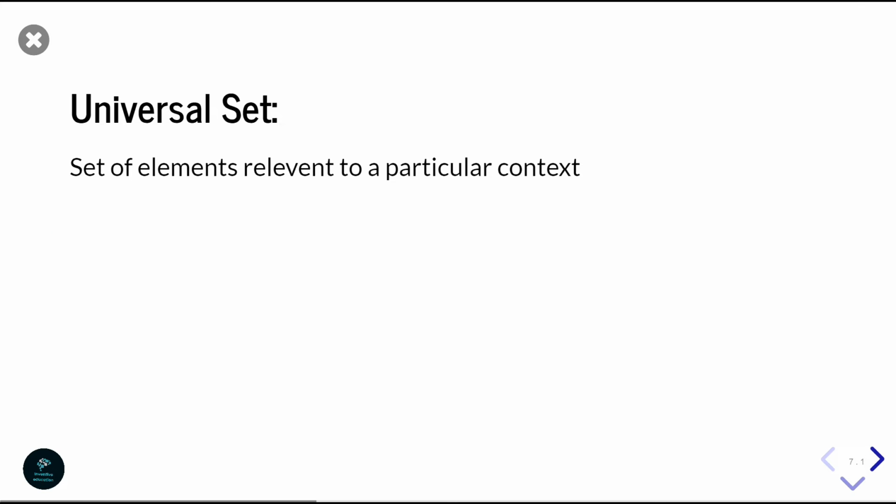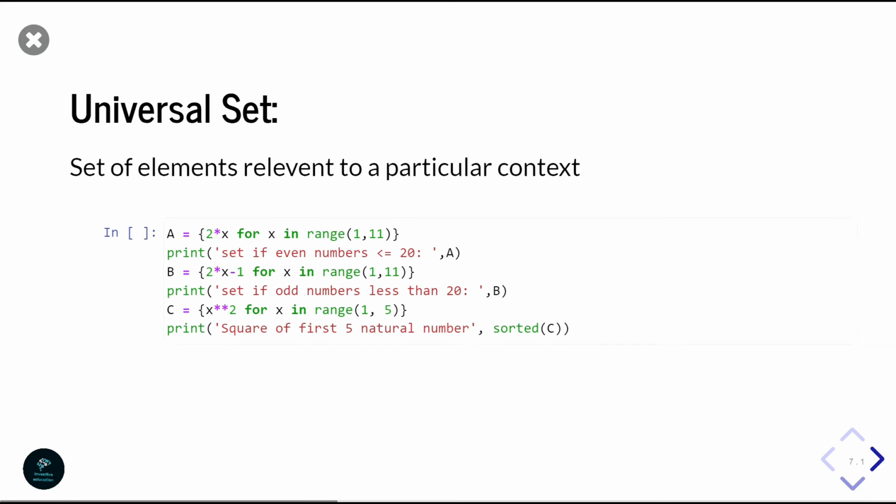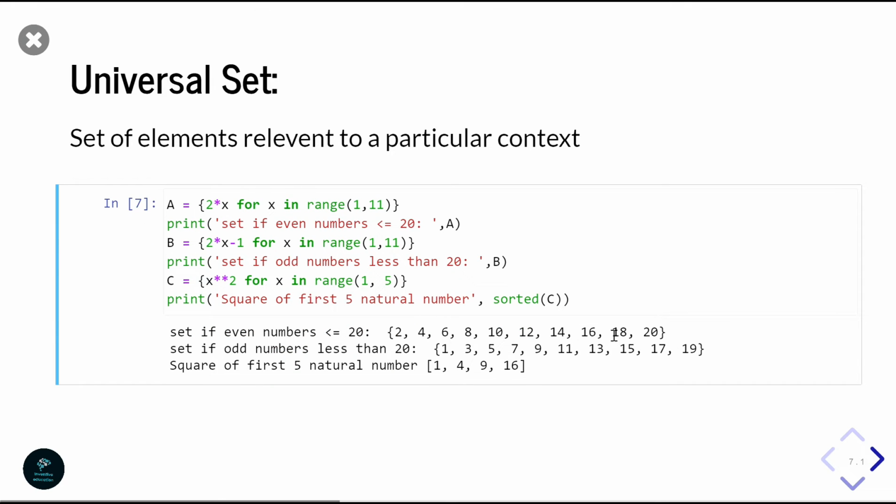A universal set is a set having elements relevant to a particular context. For example, if we have a set A having even numbers less than 20, and set B having odd numbers less than 20, and set C which is the squares of the first 5 natural numbers. So if we print these sets, we get this result.